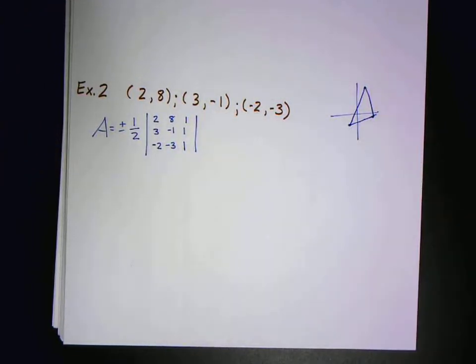Okay. So you calculate that determinant, and that gives you the area of the triangle. Now, the only problem with that is, who wants to calculate a 3x3 determinant? No one. So let me show you a shortcut.